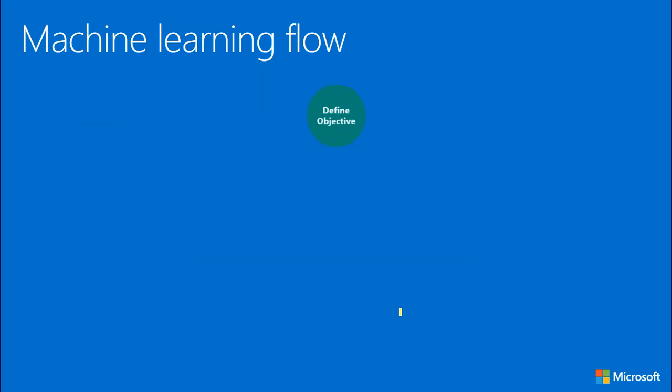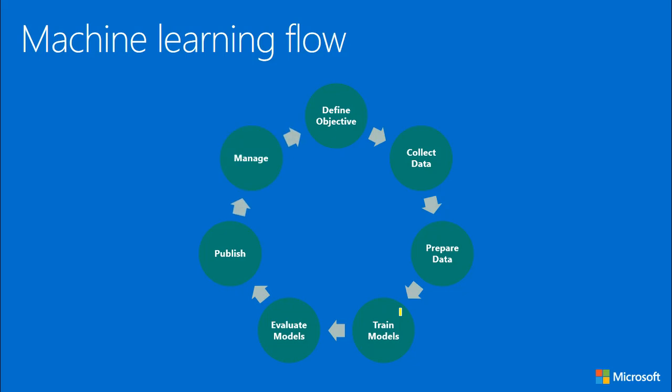So the machine learning flow is: define the objective, collect the data, prepare the data, train the models, evaluate the models, publish them, and manage. This publish and manage step I'm talking about specifically in the context of Azure ML Studio, because it's super easy to publish and manage your evaluated models.